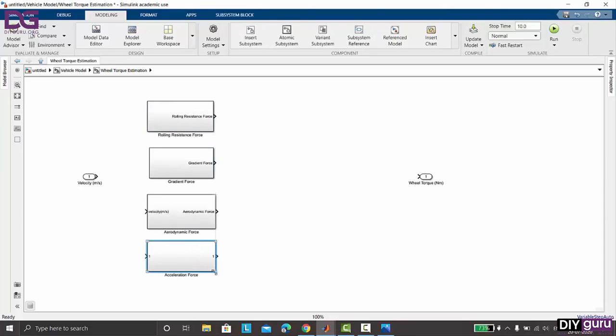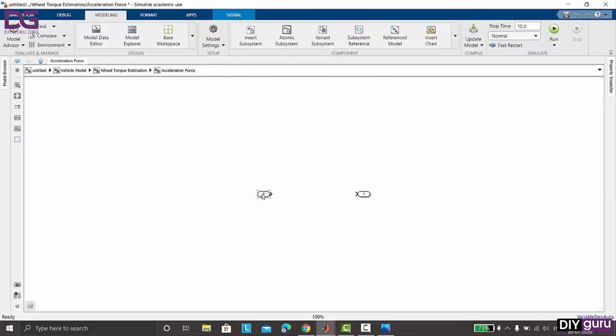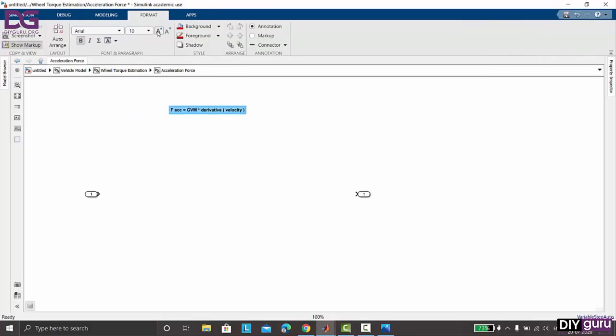Last is the acceleration force. The formula for acceleration force is GVM into derivative of velocity. Here is the velocity in meter per second.